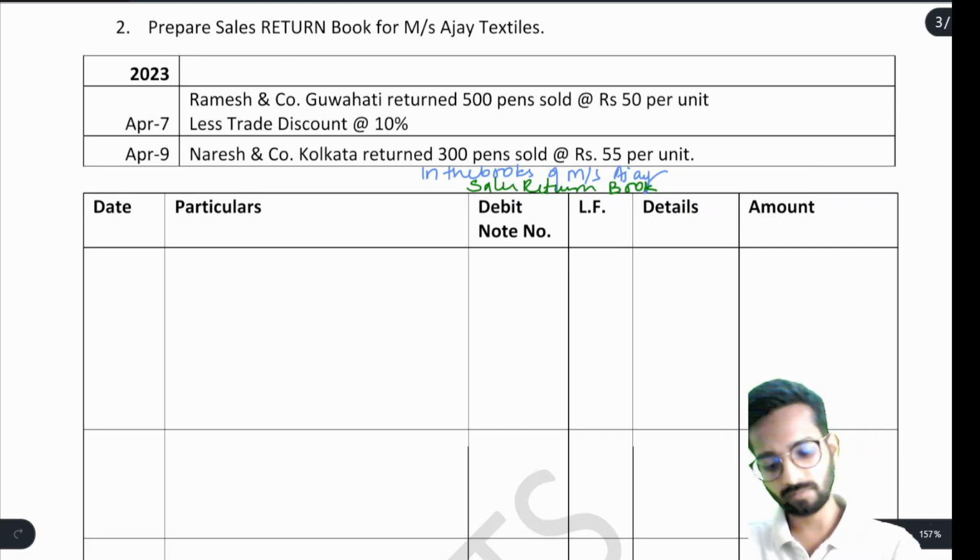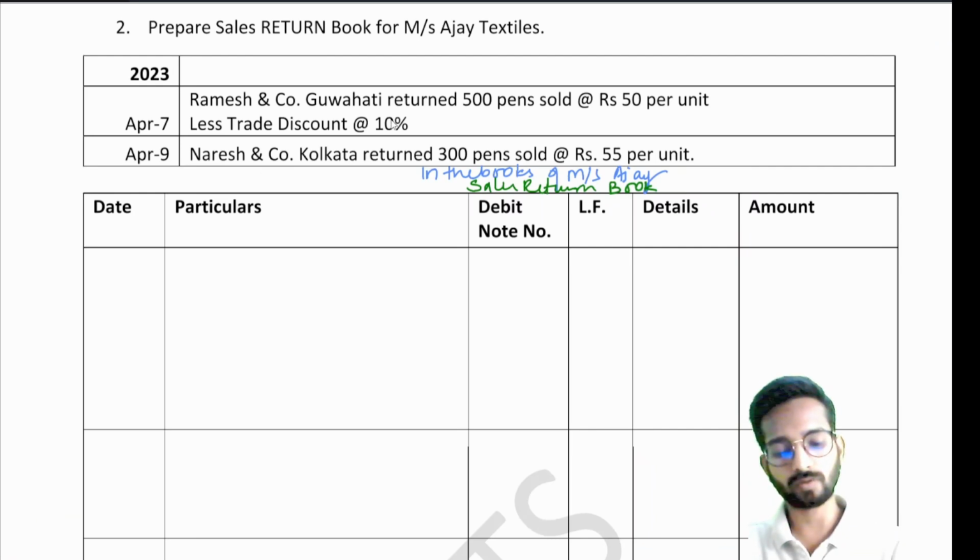Now, what is the first item? On April 7th, Ramesh and Co. Guwahati returned 500 pens sold at 50 rupees per unit, less trade discount at 10%.